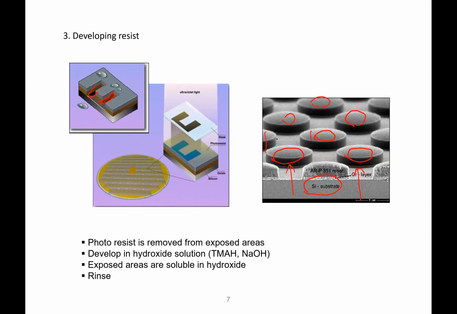We need to measure this width, this height, and this gap, to see whether they are defined as we planned, right? So for that, I want to show you one video on how we measure those types of parameters in the clean room.